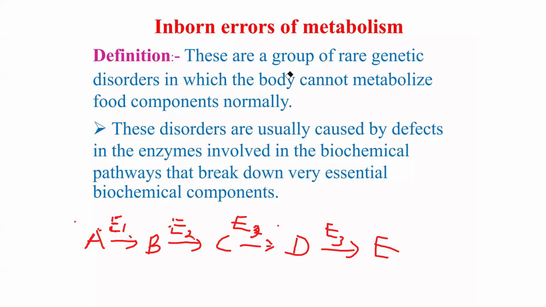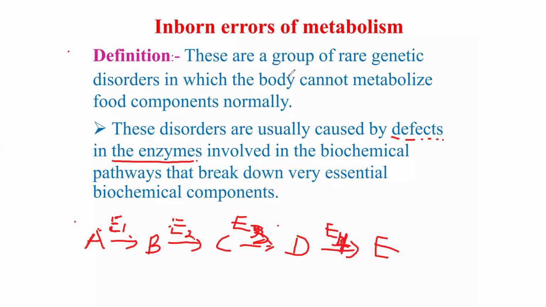In a metabolic disorder, or in this inborn error of metabolism, the disorder is usually caused by a defect in enzymes. So when there is an enzyme defect, there is a likelihood that the metabolic pathway that breaks down that essential biochemical component will be blocked. For example, let's say this is step 3, we have enzyme 3, and this is enzyme 4.